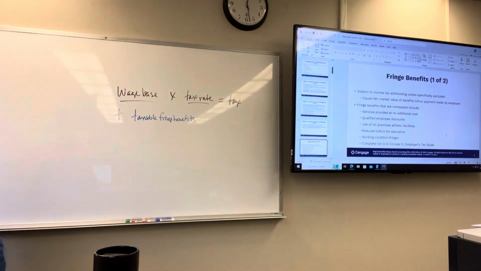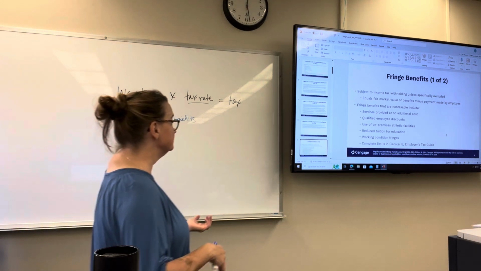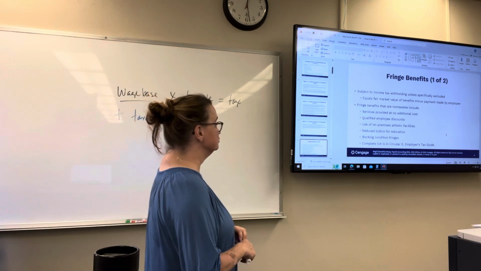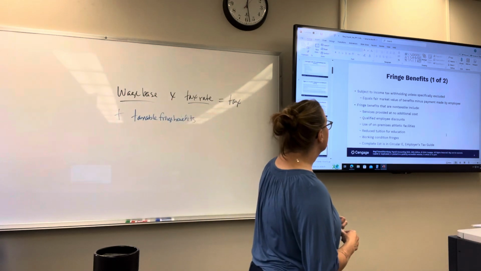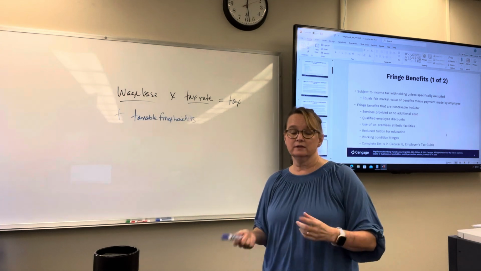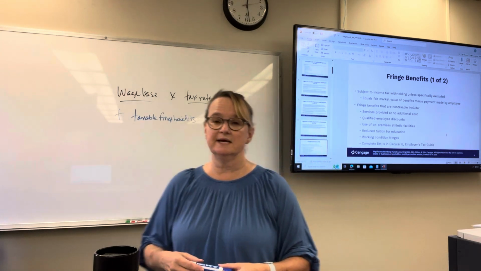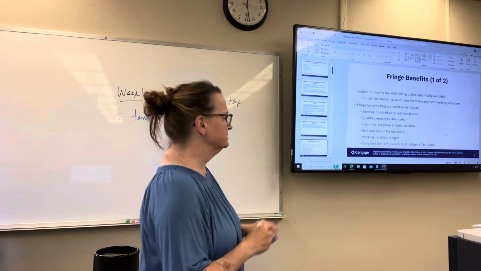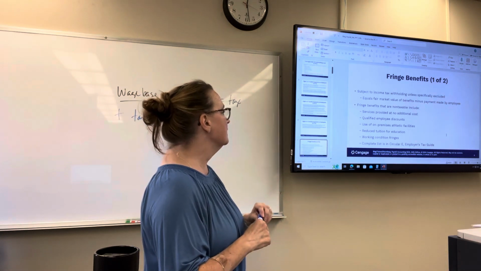Okay. Some items that are considered to be non-taxable, so these would be items that we do not add to our wage base. Services that are provided at no additional cost. I think the book gives an example of that, or maybe it's the income tax book. Sometimes I mix those two up.